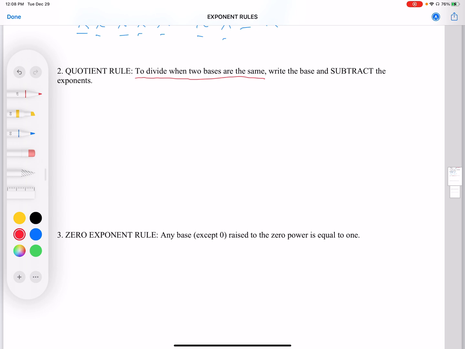Okay? You're going to keep the base, and you're now going to subtract the exponents. So what does that look like? Again, the bases have to be the same. So if I have 9 to the 6th over 9 to the 4th, again, you're dividing two bases that are the same.